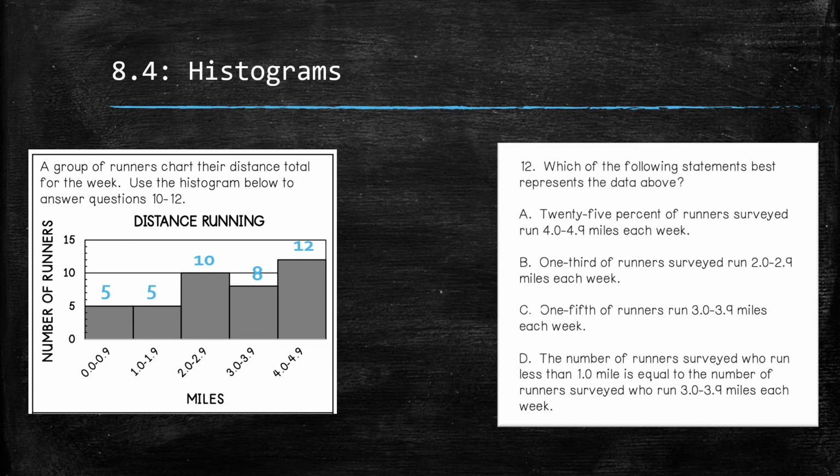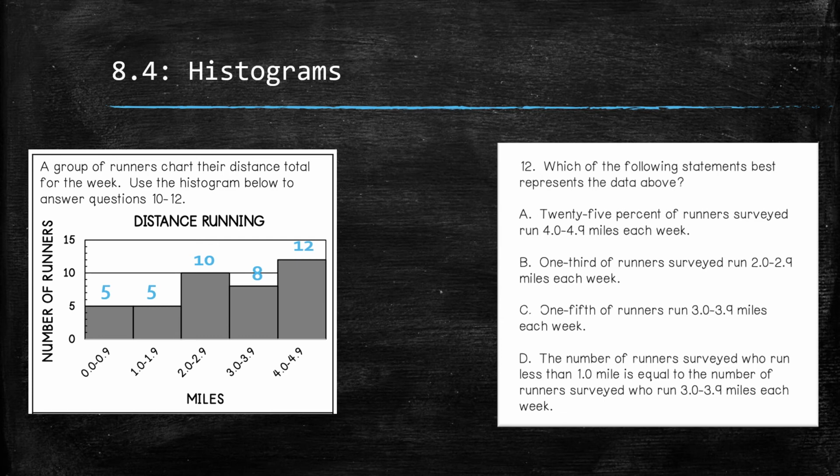Which of the following statements best represents the data above? I have 4 choices that deal with percents and fractions, so I'm going to just do the math really quickly. 5 plus 5 is 10, plus 10 is 20, plus 8 is 28, plus 12 is 40.